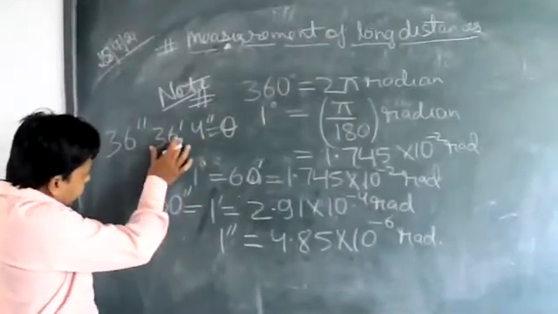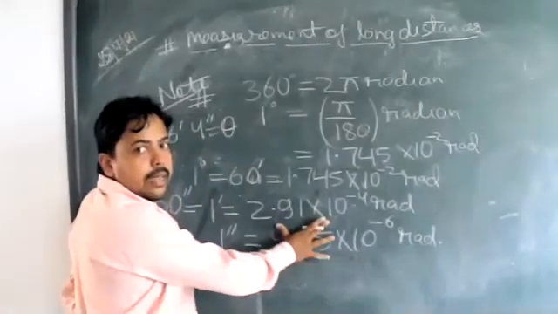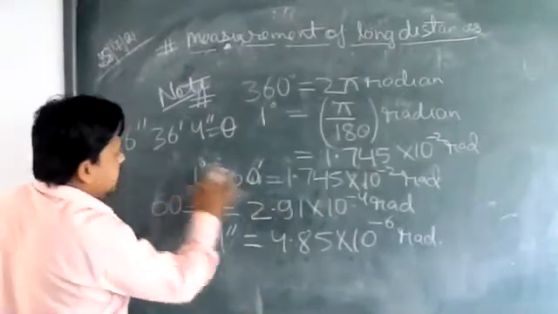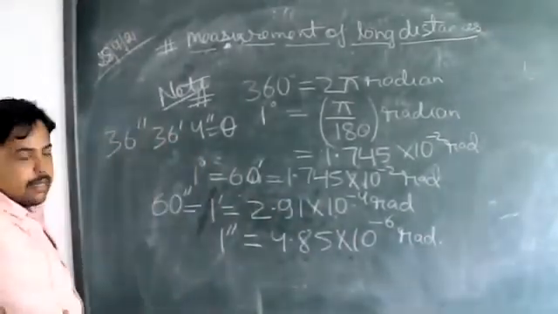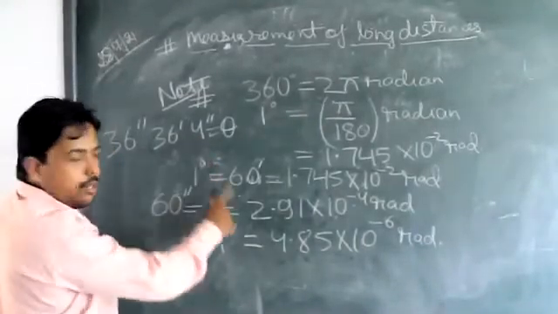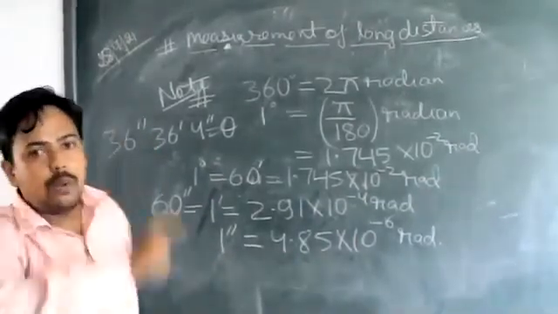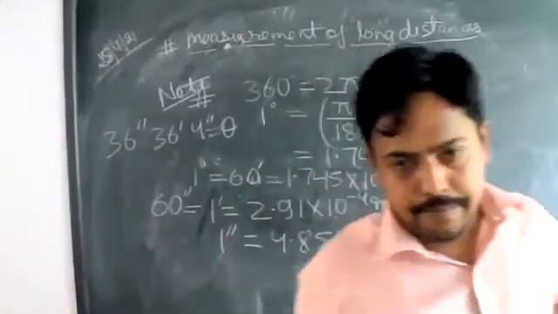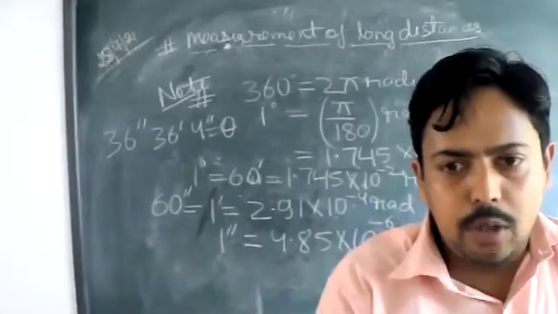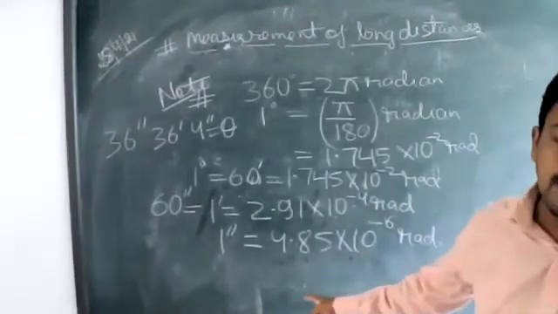In 1 minute there is 2.91 into 10 to the power minus 4 radian, so 36 into this much, plus 4 seconds into this quantity, because in 1 second there is this much radian. So the required amount will be in radian. The things will be clearer when we solve questions based on these facts. We will be solving exercise-based problems.